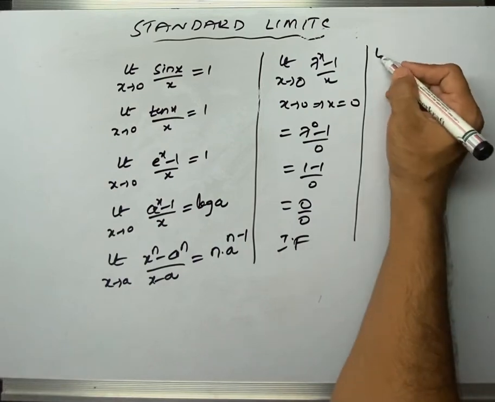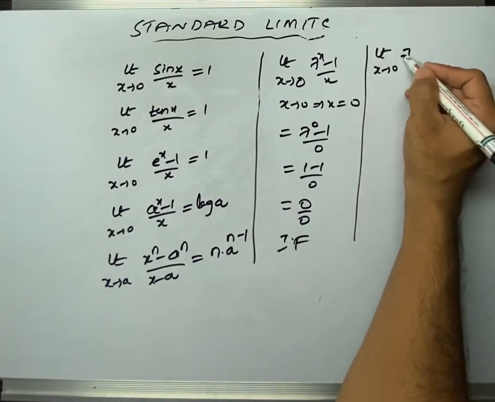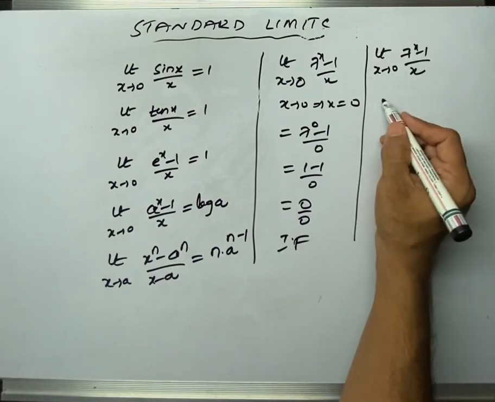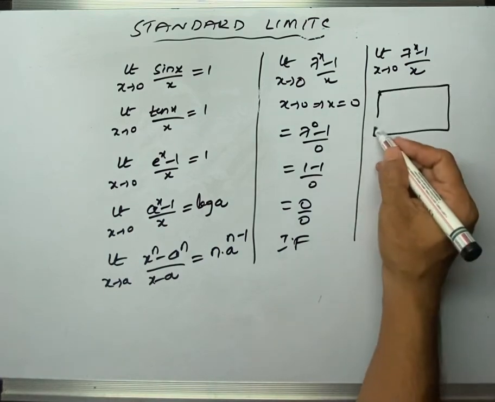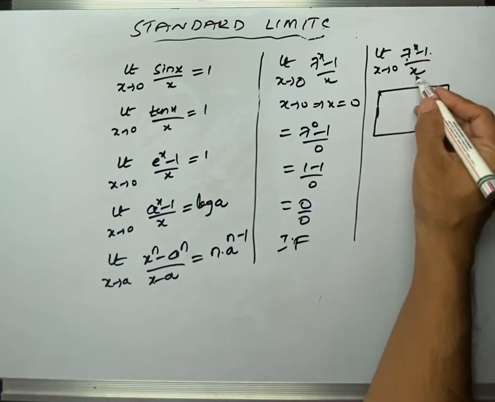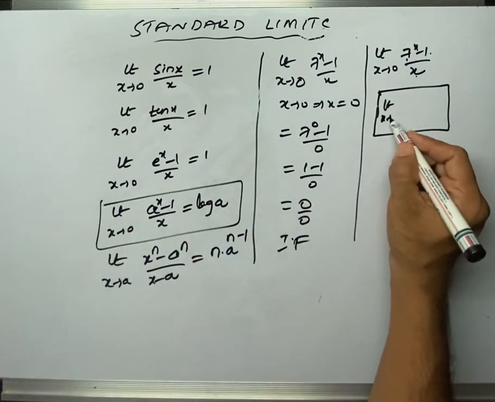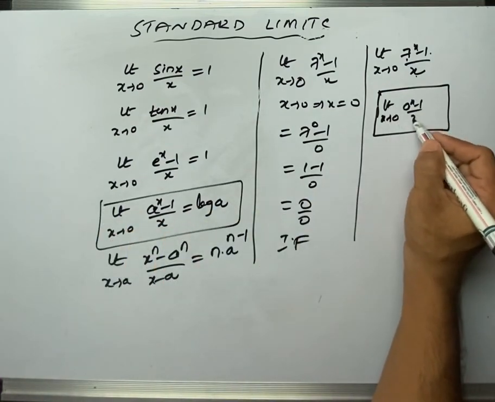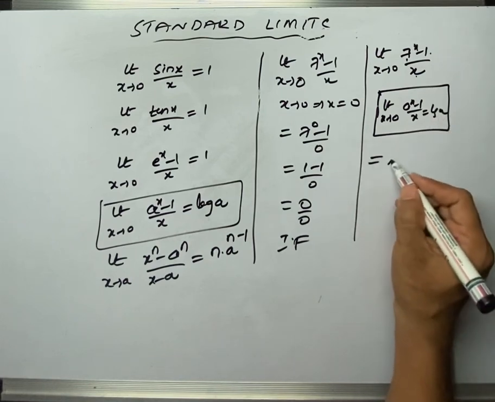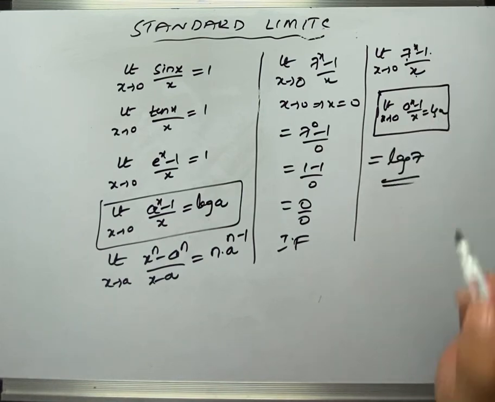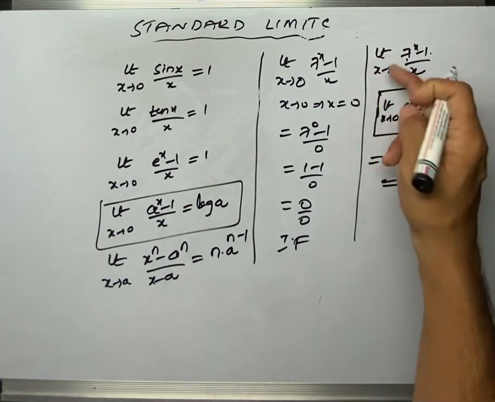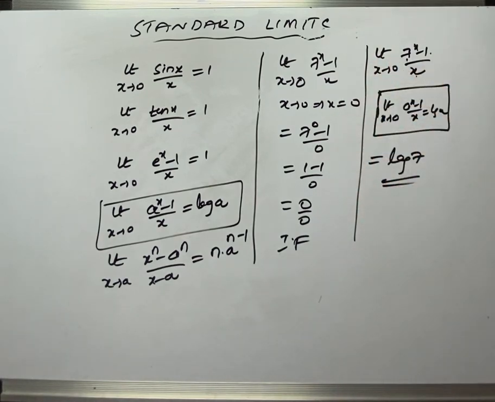Directly, in mind you got the indeterminate form, then you can just write the formula here, because it looks like a power x minus 1 by x. It looks like this formula. That's the reason we'll write the formula here: a power x minus 1 by x is log a. And we can conclude this by writing log 7. The limit will go, we are just writing in terms of the formula.